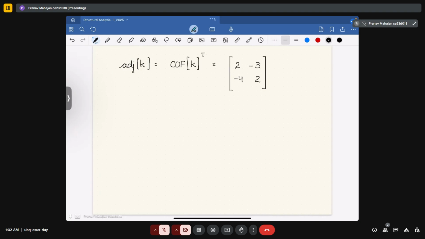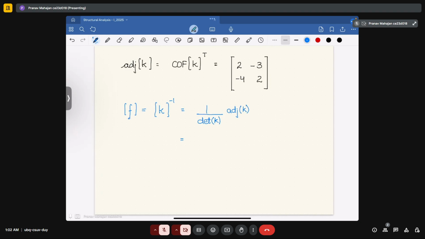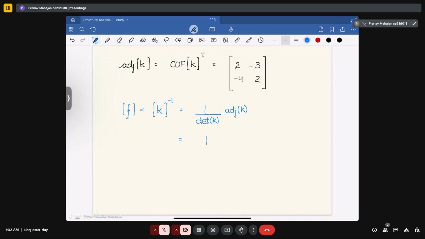Now your flexibility matrix is equal to K inverse, and your K inverse is equal to 1 upon determinant of K multiplied by adjoint of K. That will give you 1 upon minus 8 EA into the matrix 2, minus 3, minus 4, 2. Okay, so let's solve it further.